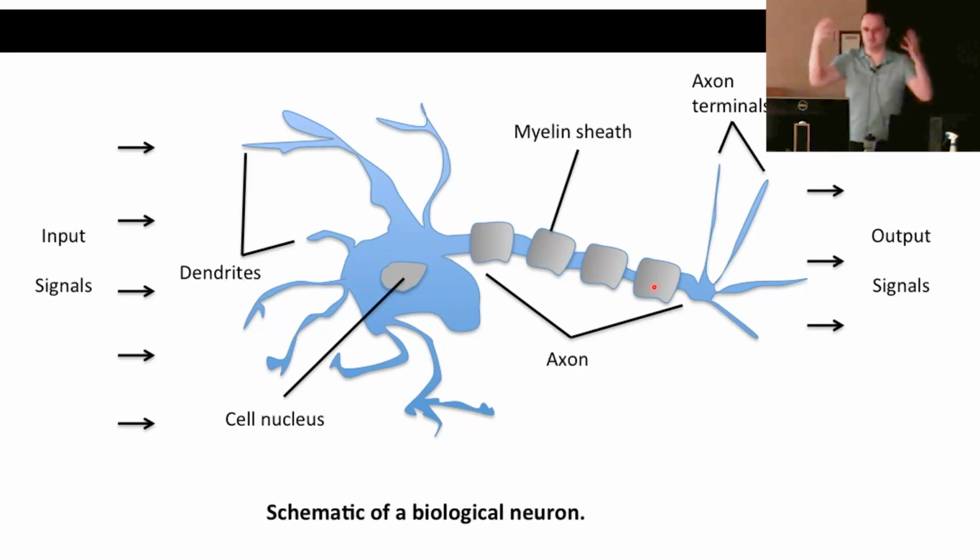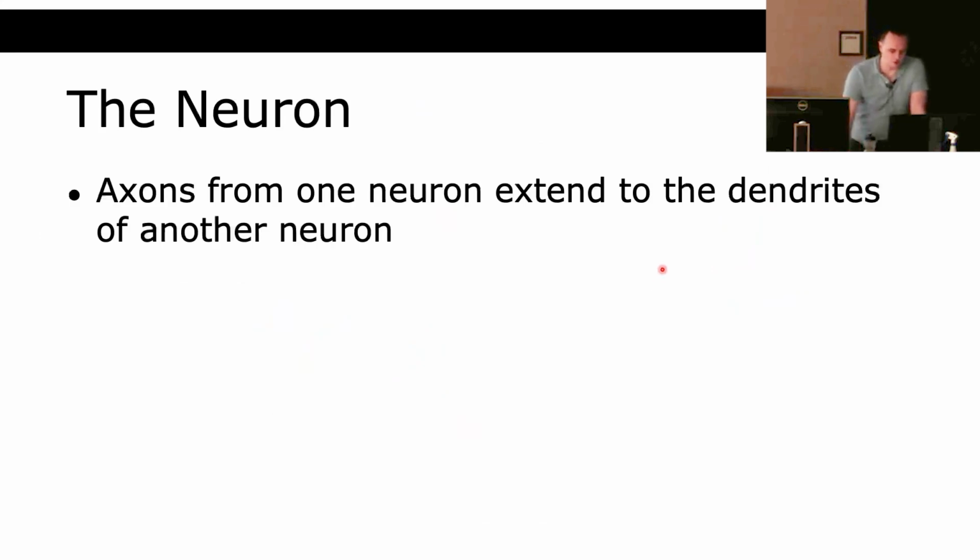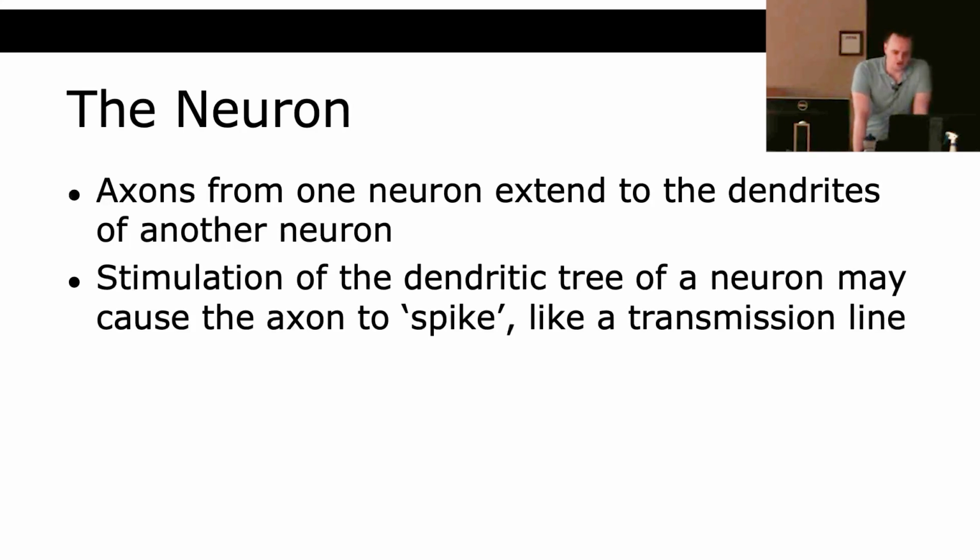So we do have these networks of neurons in the brain that are firing and figuring things out. That's all I'm going to say about this, and it's only so that we have the biological motivation for why artificial neurons and neural networks were introduced. And it turns out they're pretty powerful. So the axons from one neuron extend to the dendrites of another neuron, and stimulation of the dendritic tree of a neuron may cause the axon to spike like a transmission in a line.